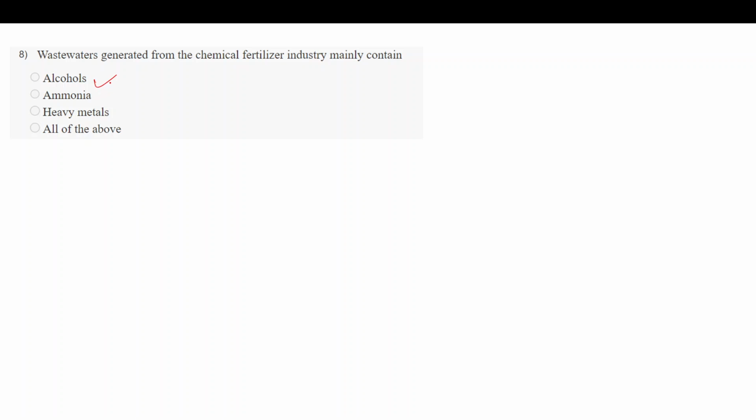Ammonia will also be present because ammonia is the major reagent used. During the recovery step, some of the ammonia which is not recovered can end up in wastewater. And obviously heavy metals, right? So all of the above is the correct answer.